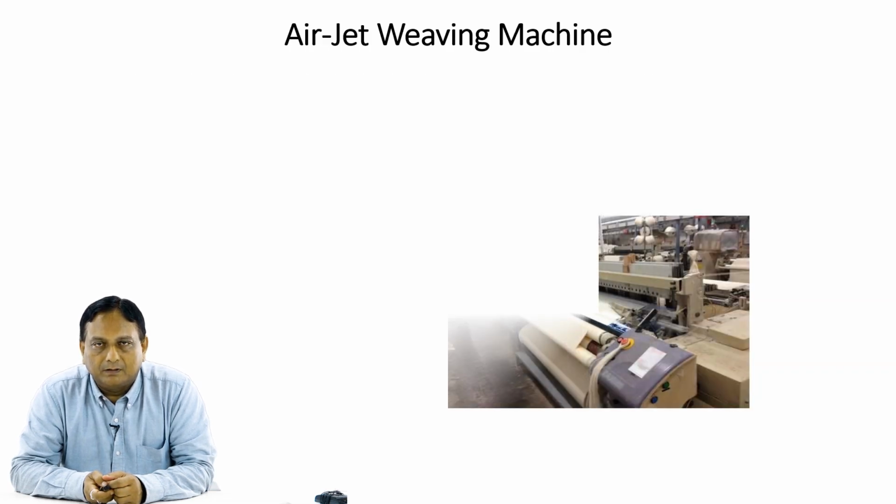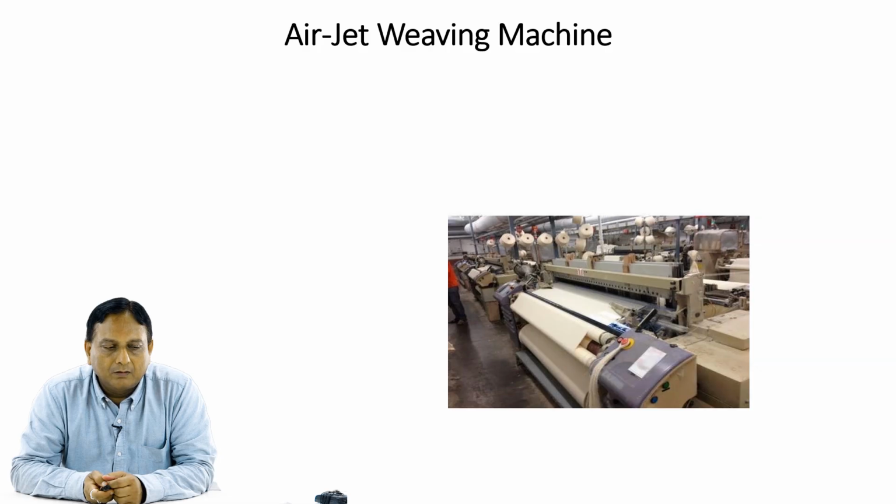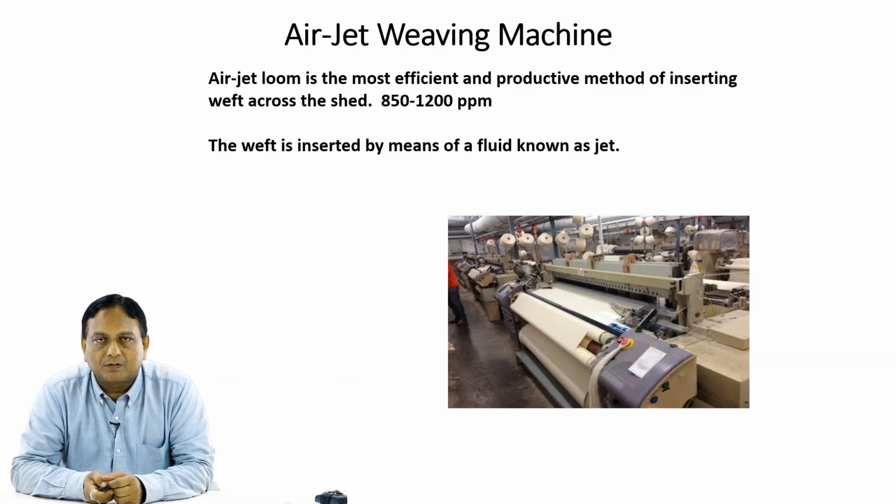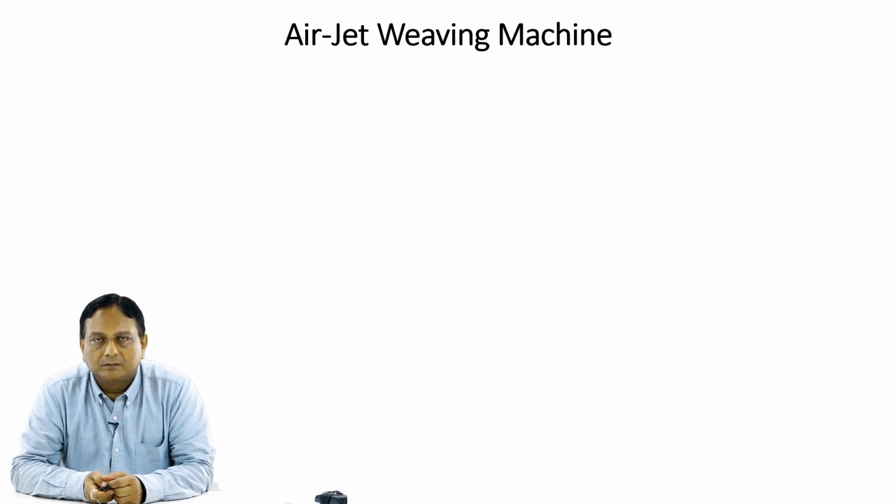Now air jet weaving, as shown in the figure. The air jet loom is the most efficient and productive method of inserting weft across the shed. The speed is around 850 to 1200 ppm, and the weft is inserted by means of a fluid jet.